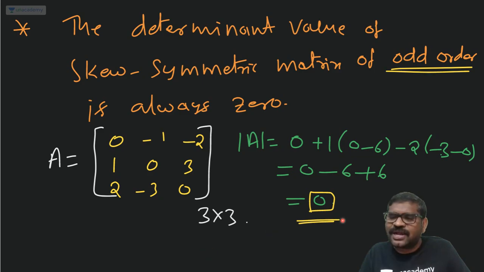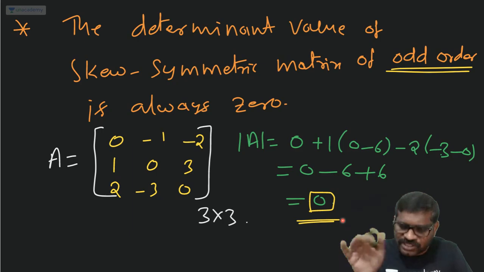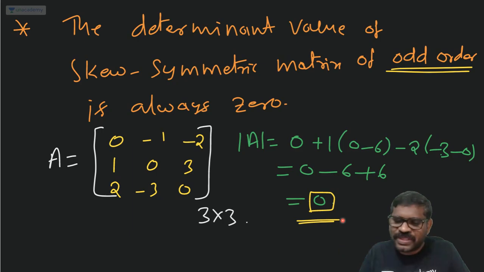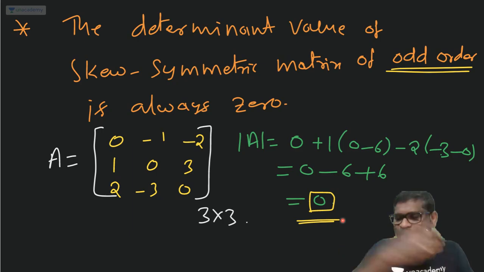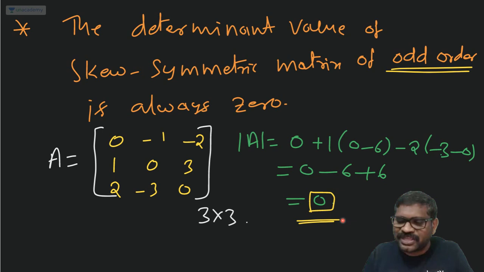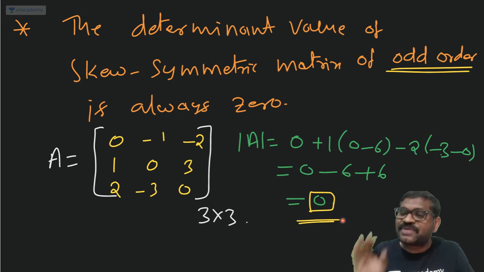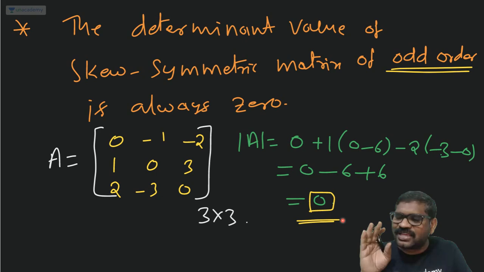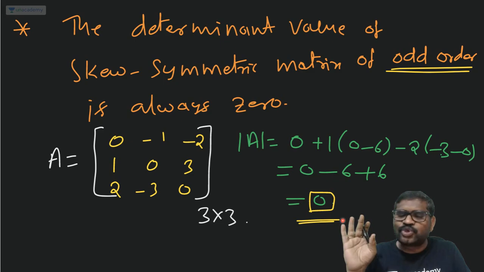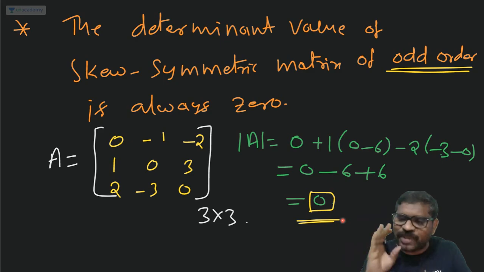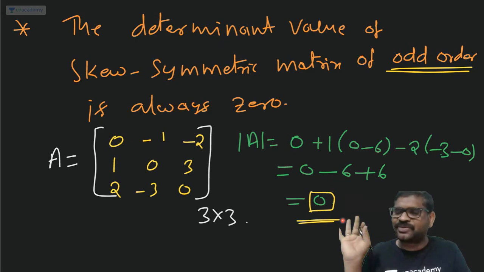Suppose for even order also it were 0, I would have mentioned it, right? I could say the determinant value of a skew symmetric matrix is 0. Here, for even order, the property is not generalized. That's why you should not take even order. I have mentioned odd order, you have to take odd order.